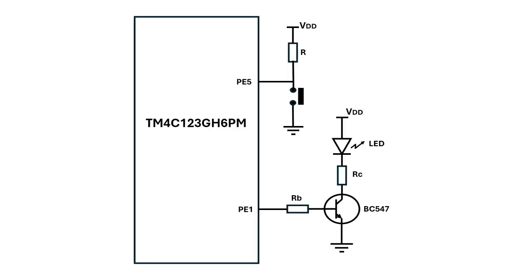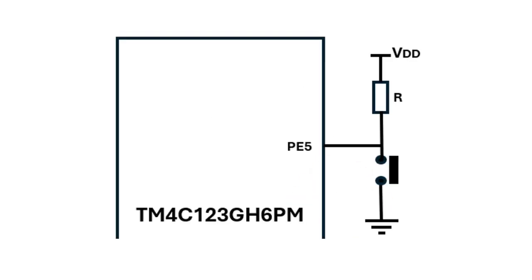Schematics. Now here are the schematics for the external push button switch, and here's the schematic for the external LED interface. Let's take a look at the push button switch schematic first.